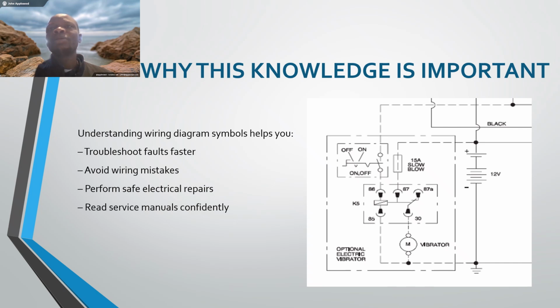You will see directly. It is coming from the battery, it will go to the fuse, then from the fuse it will go to the relay, and there we have the switch to switch the relay. So it is very easy for you to troubleshoot the problem if you know the layout of the diagram.